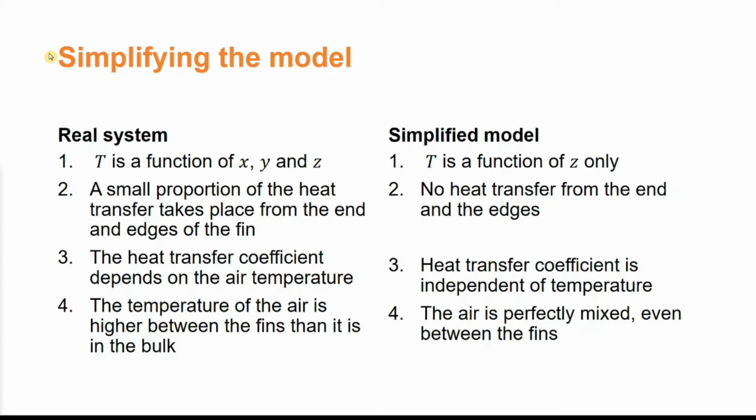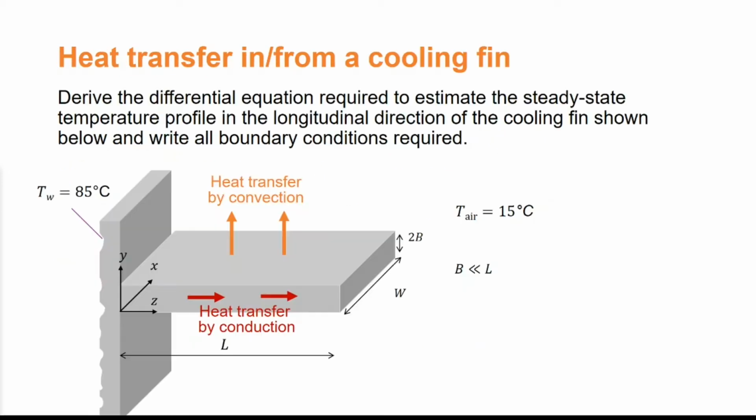First, we need to decide how much detail to include in the model. We can make a number of simplifying assumptions. Although the temperature T depends on x, y, and z, we can often just consider one of the dimensions. Since b is much smaller than L, we can expect that the temperature is not that much different in the y direction.